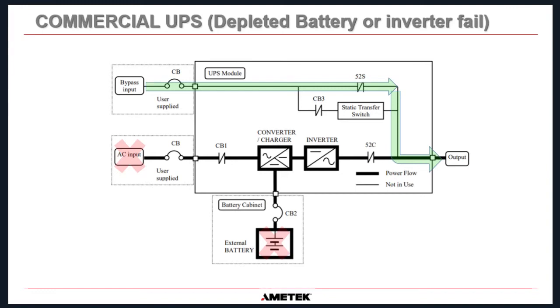To answer that question, the contactor 52S would normally be open when the system is running in its normal state. So yes, it is a bit confusing. I do apologize for that. It should be normally open, but I don't have the ability to edit the competitor's UPS drawing, so I do apologize for that.